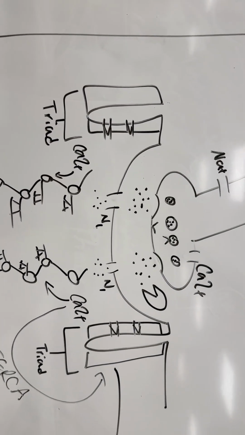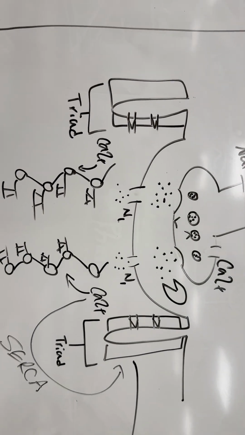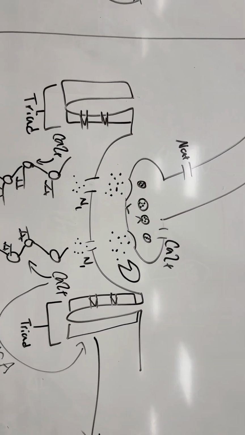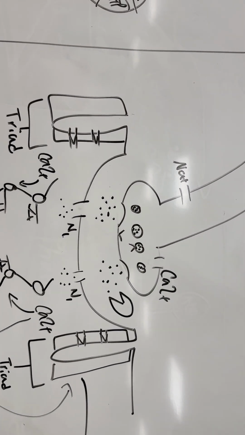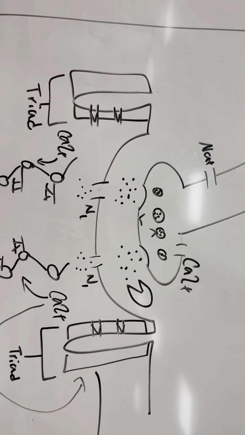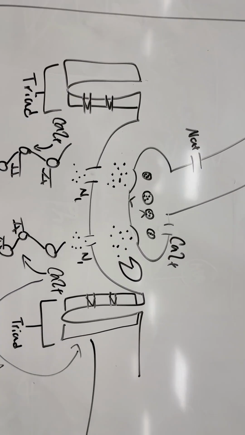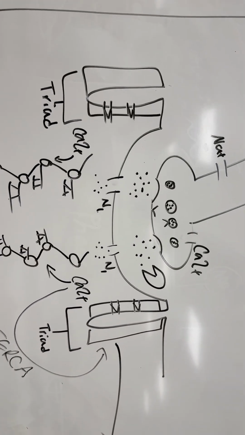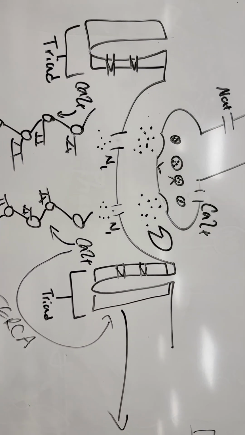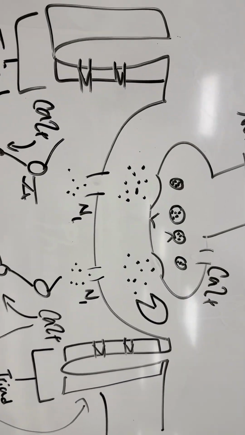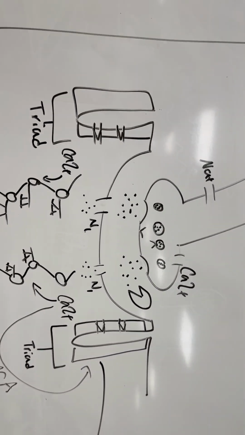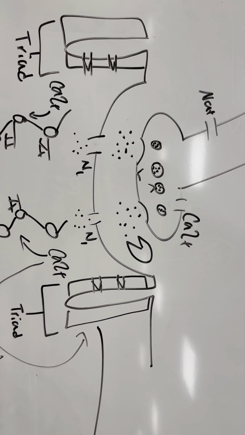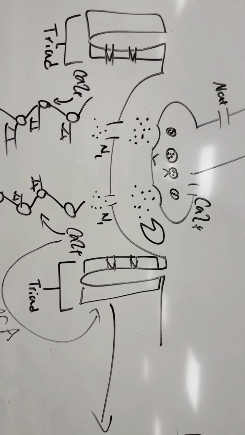Our motor end plate is the region where we have nicotinic 1 receptors that receive acetylcholine, and this is important for our muscular contractions. These vesicles of acetylcholine come out and bind to these ligand-gated ion channels, these nicotinic 1 receptors, that are going to allow sodium to flow into the cell and propagate our action potential.